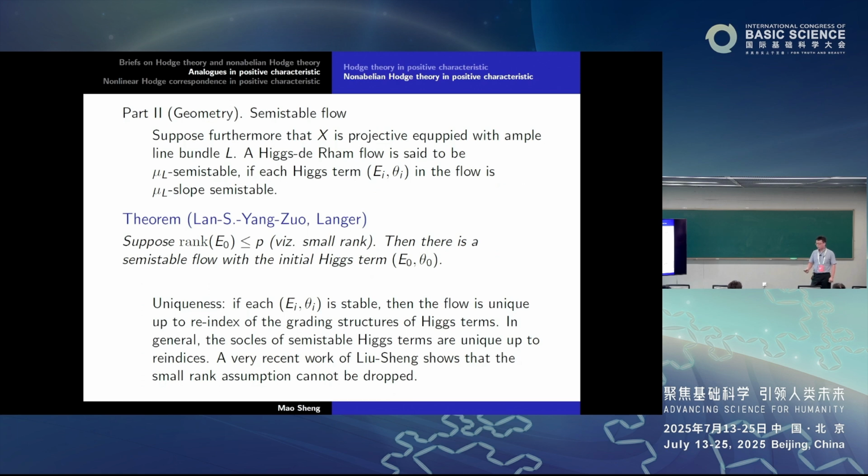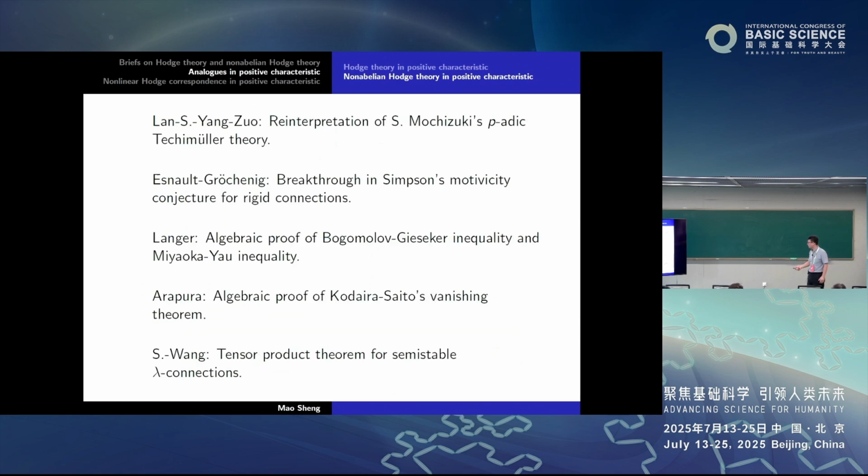For the semi-stable one, essentially yes, if you require every term to be semi-stable. If you don't require this, certainly you have a lot of choice. For example, you can always take the trivial filtration. Let me show you that.